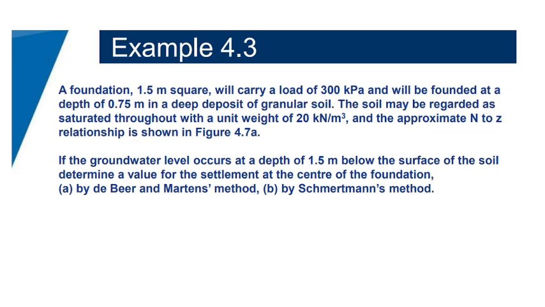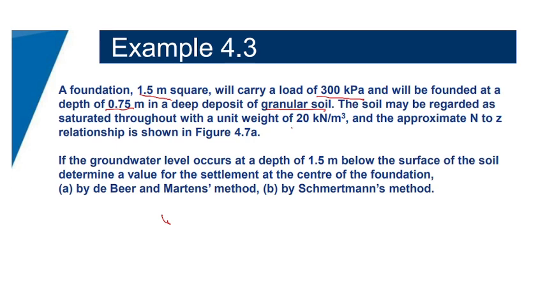All right, for example, you have a foundation 1.5 meters square. So the footing is square, and the pressure is 300 kilopascals. It is founded at a depth of 0.75, meaning the bottom of the footing is 0.75 meter from the ground, on a granular soil. Since we're discussing a cohesionless type of soil, this corresponds to granular soil. The soil may be regarded as saturated throughout.